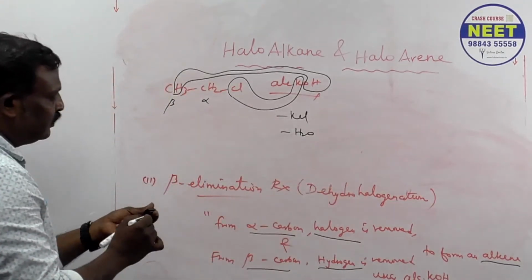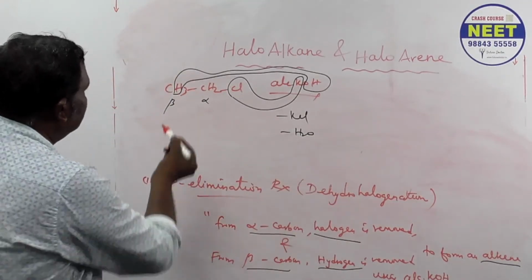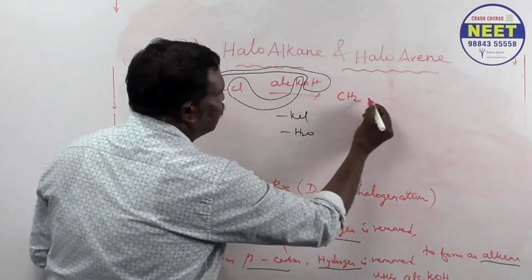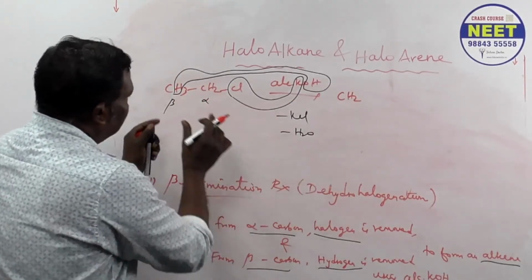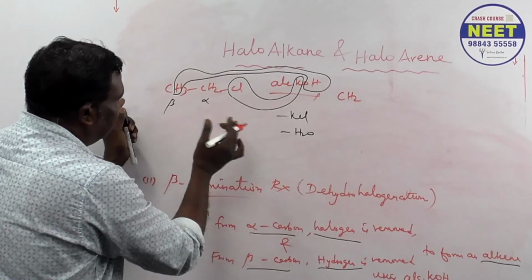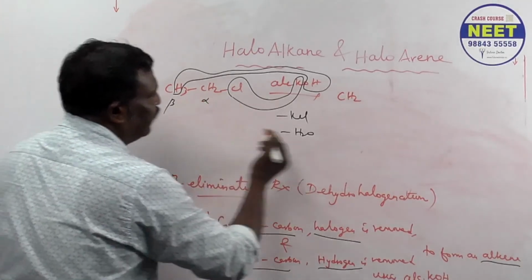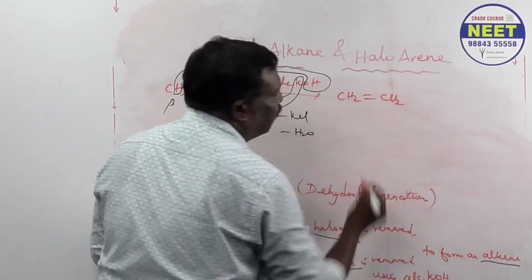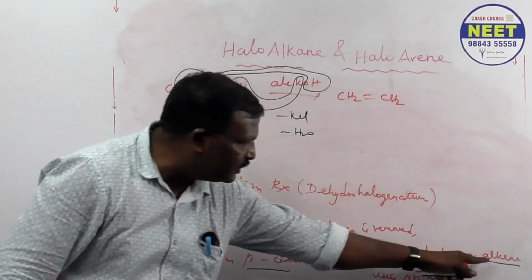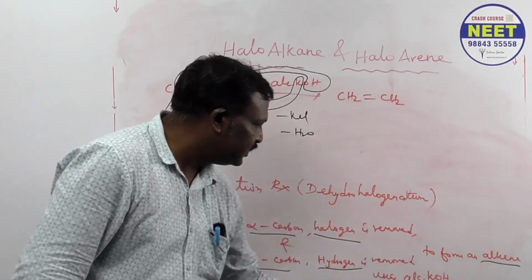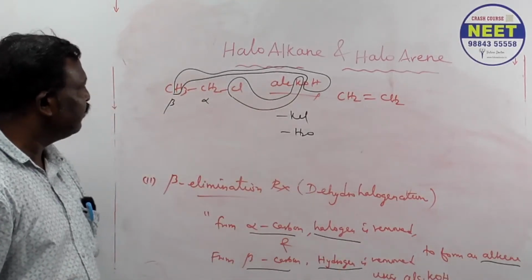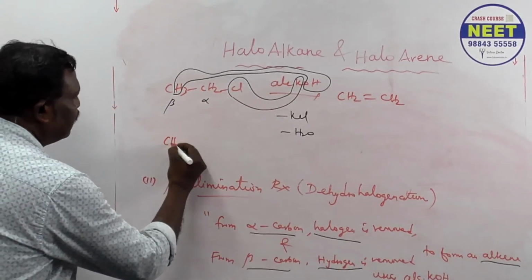So what's the product? Now CH2 only, no? See, between alpha and beta only the reagents are removed, no? Then between alpha and beta only we put a double bond to form an alkene. Understood? Okay, write fast. You write yourself. Be quick.